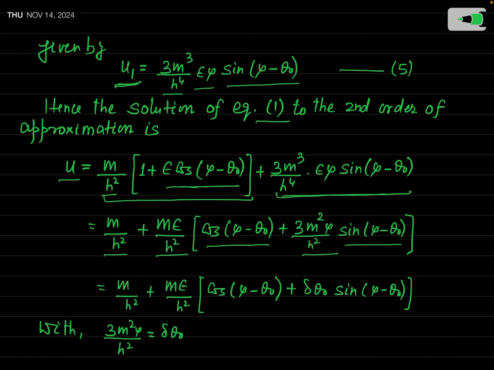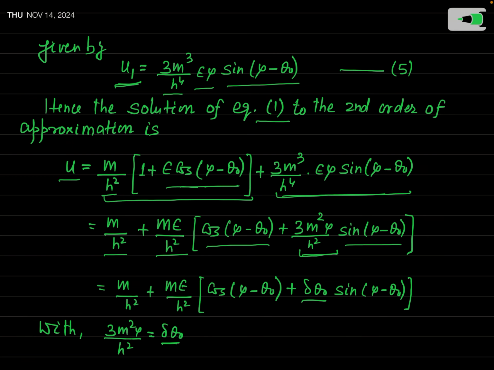Now we substitute delta theta naught instead of this factor 3m square phi over h square. This is written as delta theta naught. Actually, you will see later on that this delta theta naught is the measure of the advance of perihelion of our planet. But this delta theta naught is a very small quantity.